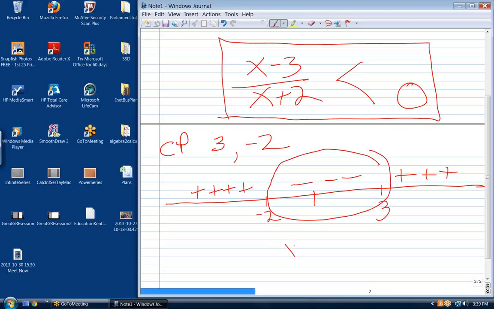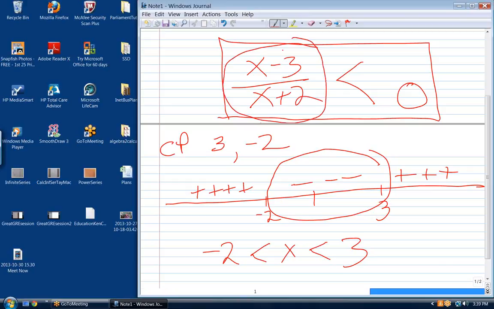In other words, x has to be greater than -2 and less than 3. I need this quantity to be negative. Well, the only place it's negative is between -2 and 3. It's positive everywhere to the left of that. It's positive everywhere to the right of that.